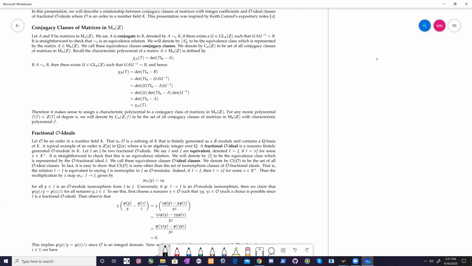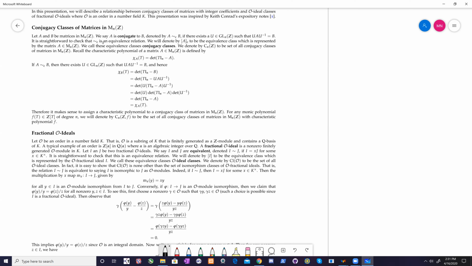We say that A is conjugate to B, denoted A ~_C B, if there exists a U in GL_n(Z) such that UAU^{-1} = B. It's straightforward to check that this is an equivalence relation, and we'll denote by [A]_C the equivalence class represented by the matrix A in M_n(Z).